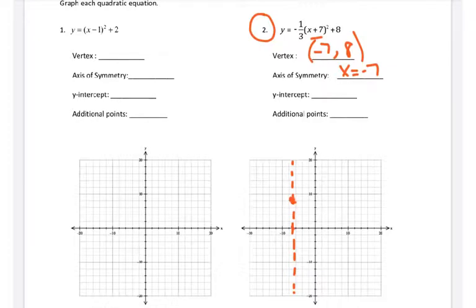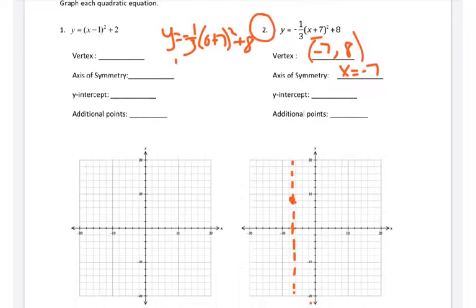So y-intercept. Let's substitute in what? What do we substitute in to find the y-intercept? x is always what when you're on the y-axis? Yeah, good. 0. So y equals negative 1/3, 0 plus 7 squared plus 8. What's 0 plus 7? 7, yeah.